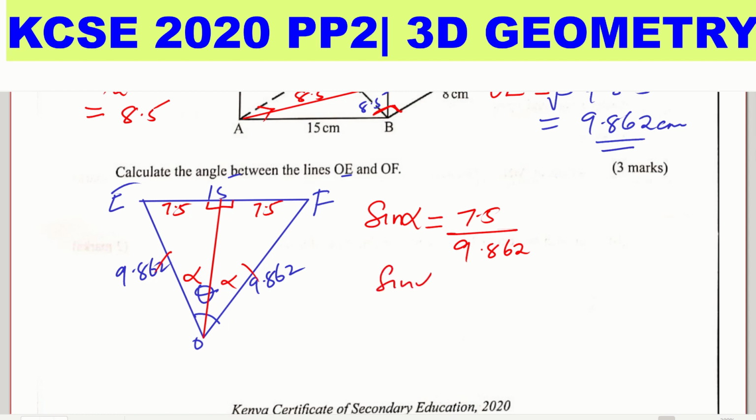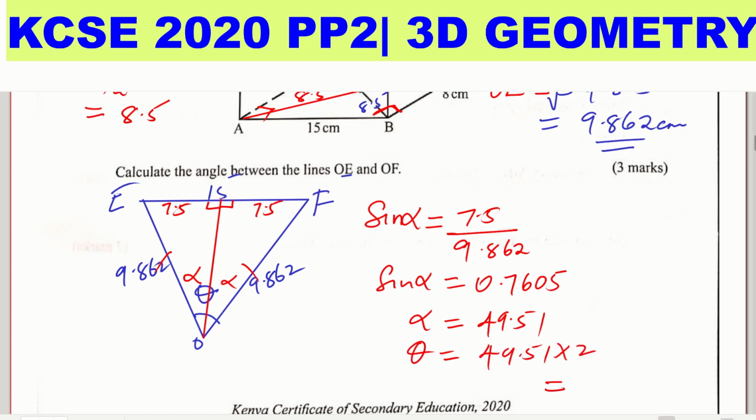Therefore sine of alpha is 0.7605, and when you get the sine inverse of both sides, you get 49.51. Now you multiply this angle by 2, so theta will be 49.51 times 2, and this will give 99.02 degrees.